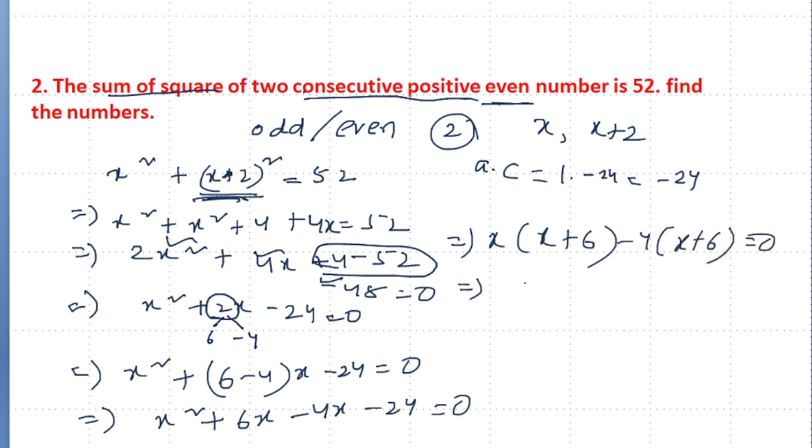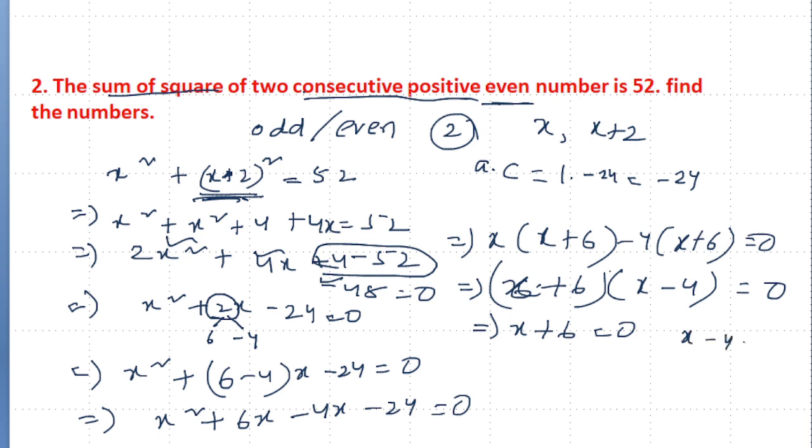So both have x plus 6, and the other is x minus 4. Because the product of two numbers is 0, one of them will be 0. x plus 6 equals 0 and x minus 4 equals 0. Here x equals minus 6, here x equals 4.